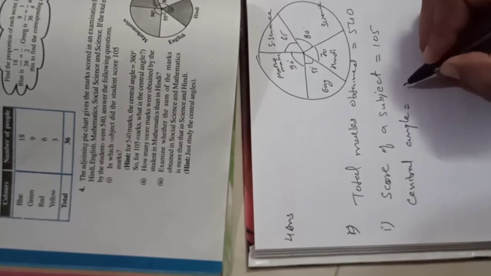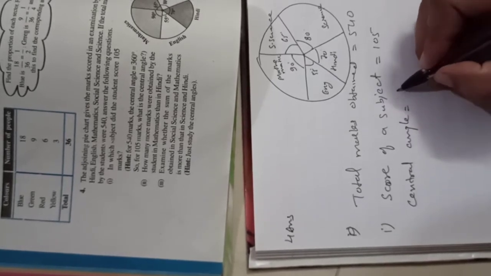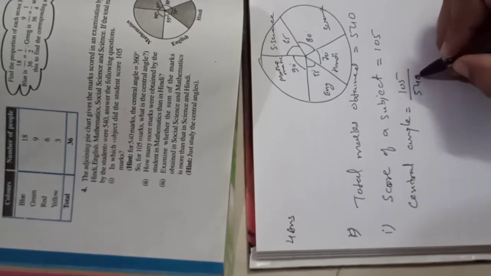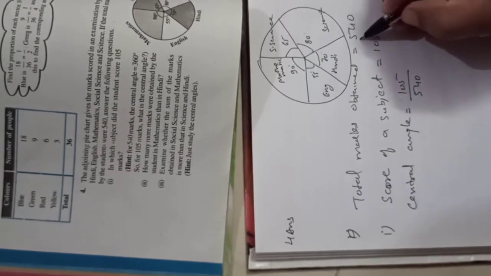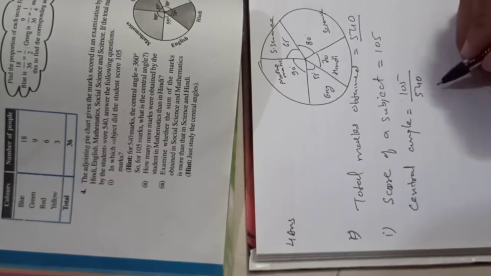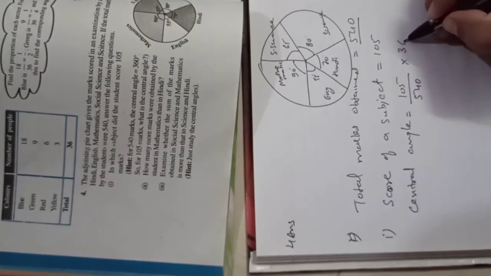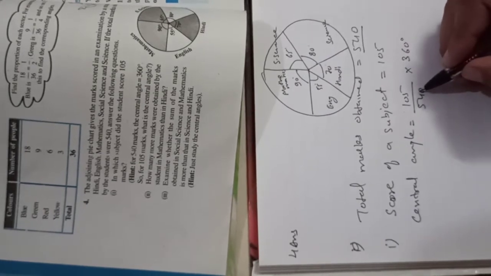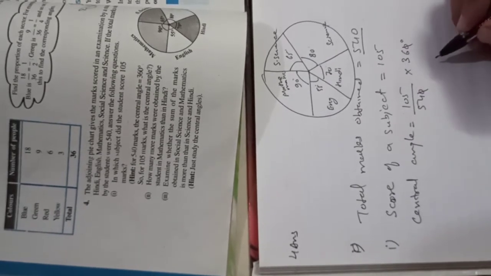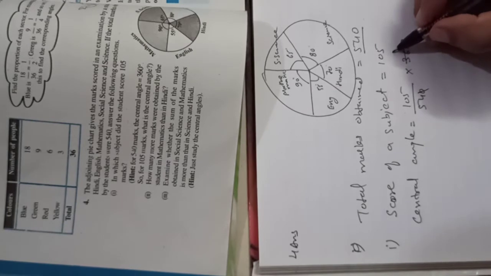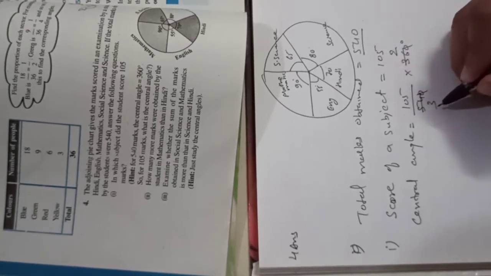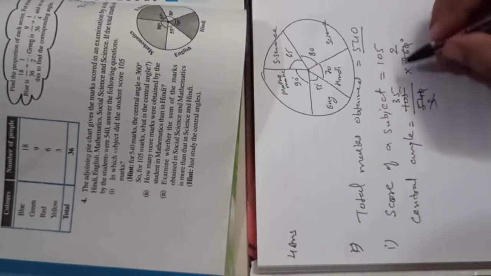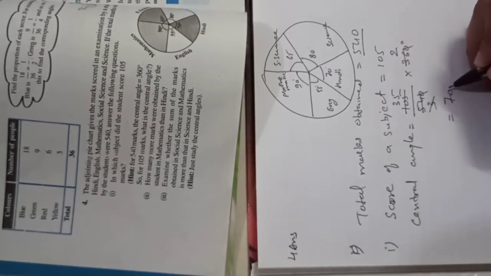We know the formula for finding the central angle: value of a component upon the sum of all the values. The sum of all the values is the total marks, 540, and the complete angle is 360 degrees. We cancel this 2 times and this 3 times, then with the 3 we cancel this 35 times, and 35 into 2 is 70 degrees.